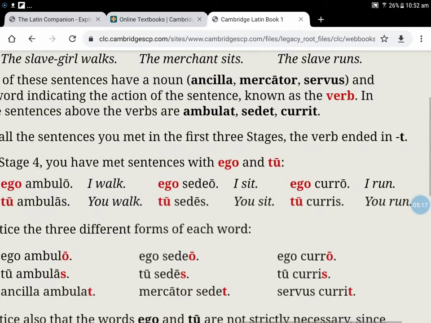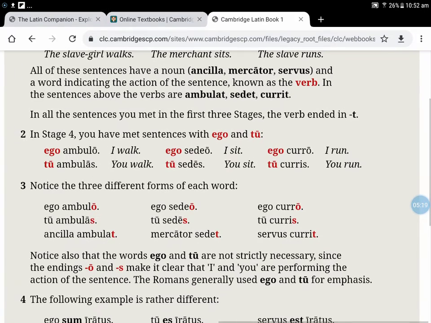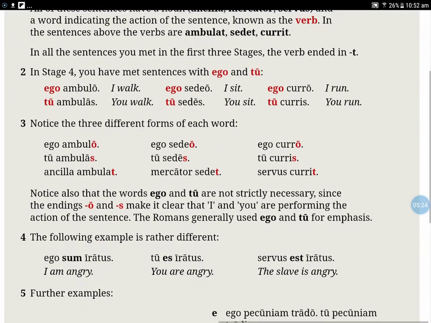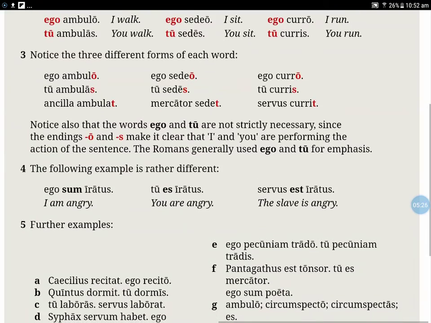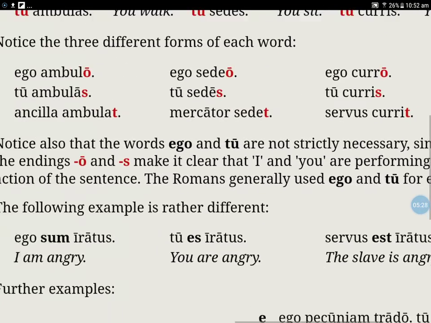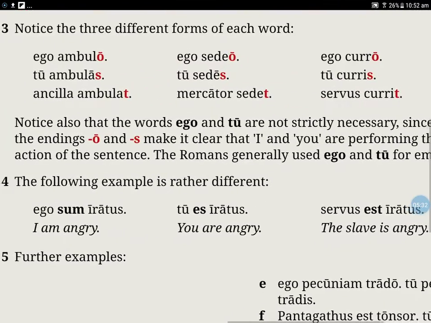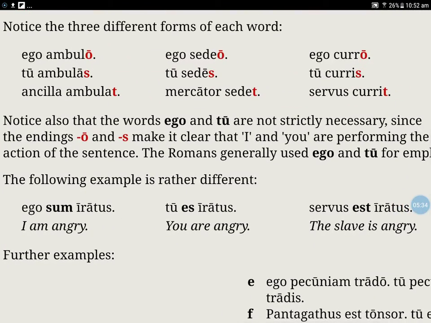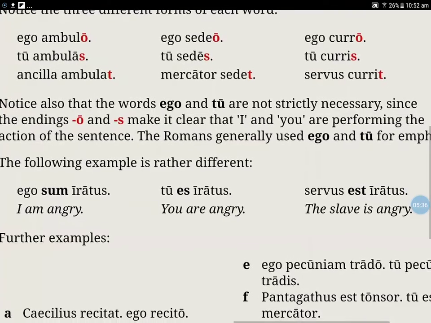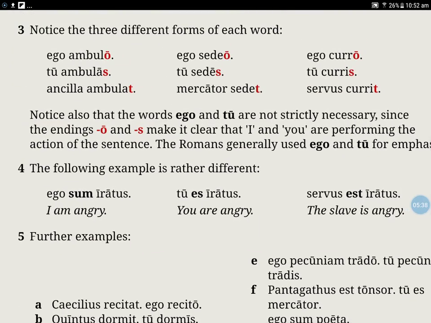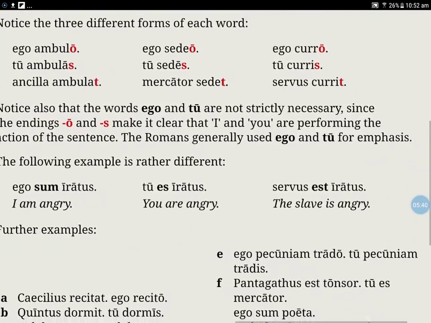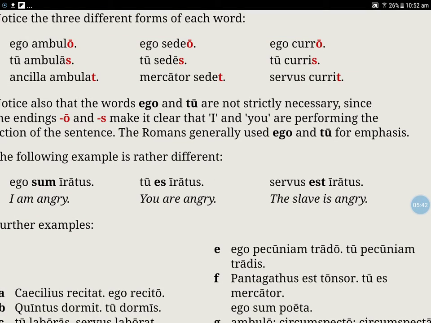Then About the Language, introducing the words I and you. Also, it says very importantly, ego and tu, I and you, are not strictly necessary, since the endings o or s make it clear that I and you are performing the action of the sentence. The Romans generally used ego and tu for emphasis.